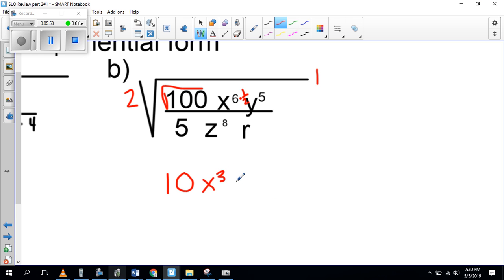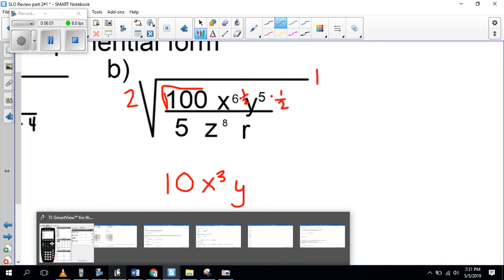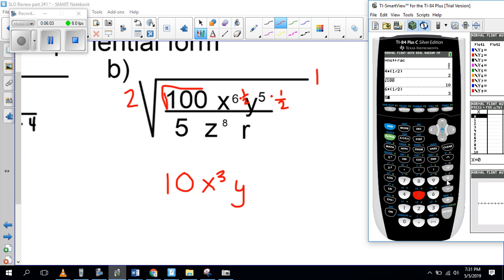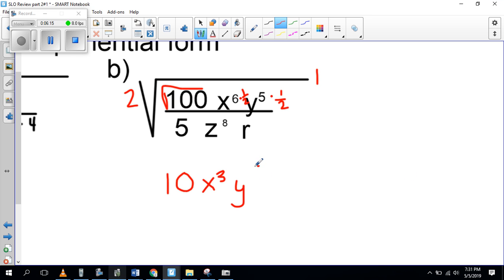Okay? Now put my y here. We're going to do 5 times 1/2. So when I use my calculator, 5 times parentheses 1 divided by 2, and we get a decimal, so I'm going to hit math, enter, and I get 5/2 for my y.